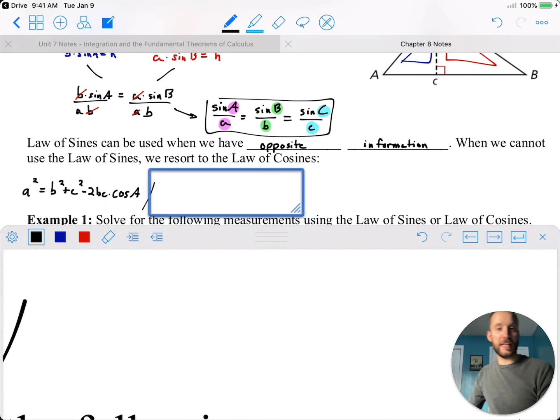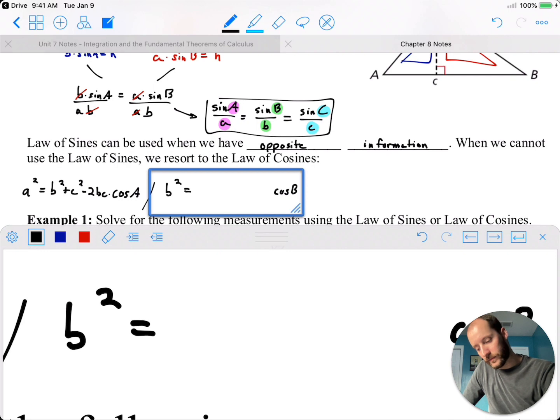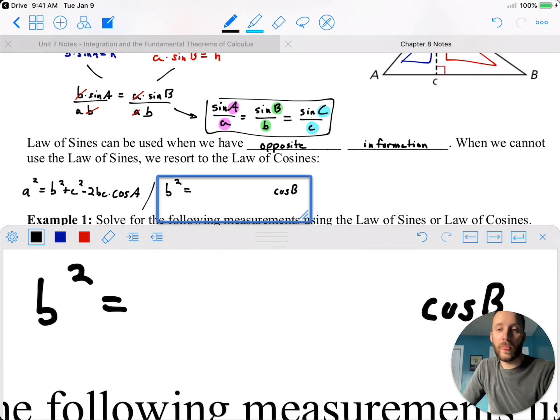Let's build that again, but with little b and big B bookending the outside of the formula. So little b squared equals, over to the right, cosine big B. And now fill in the middle. b squared equals a Pythagorean theorem looking thing with the other two letters.